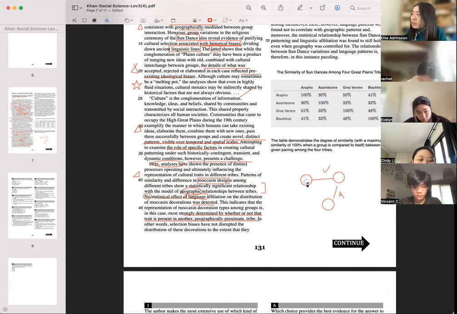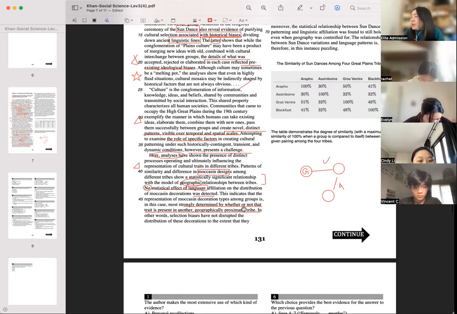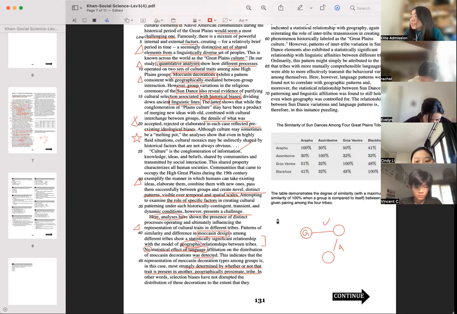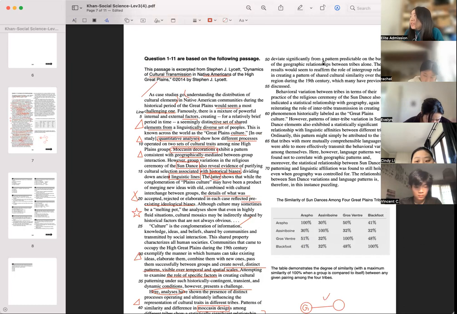So again, really try to get your head around this concept, and get used to these wordings, and make sure you can process this information more efficiently. And then, in other words, selection bias has not disrupted the distribution of this decoration to the extent that they deviate significantly from the pattern predicted on the basis of the geographic relationship between the tribes alone.